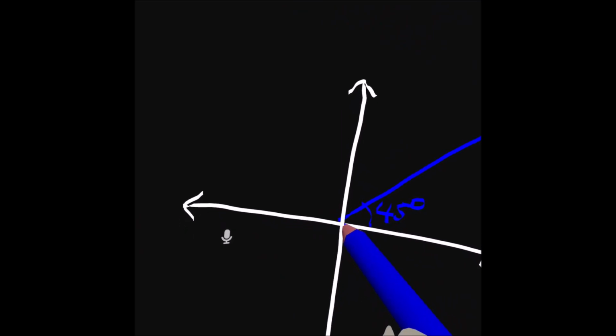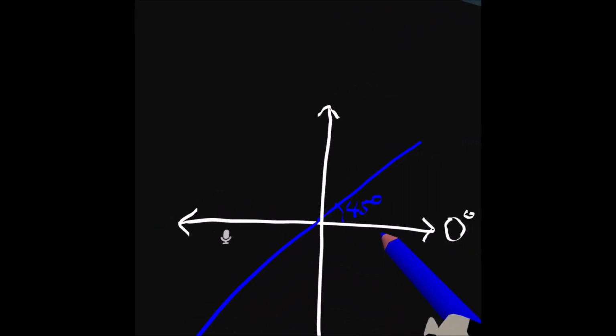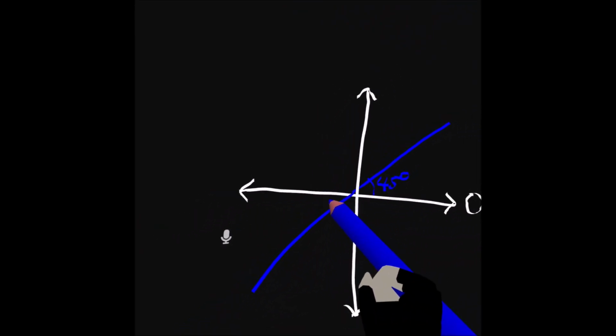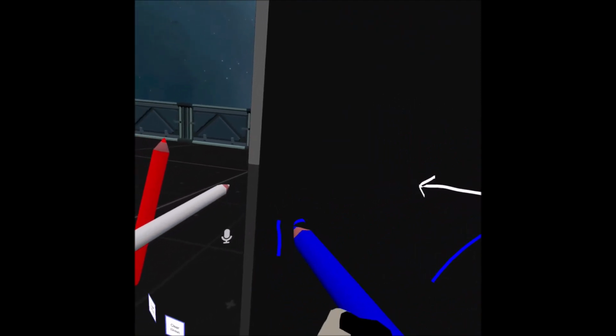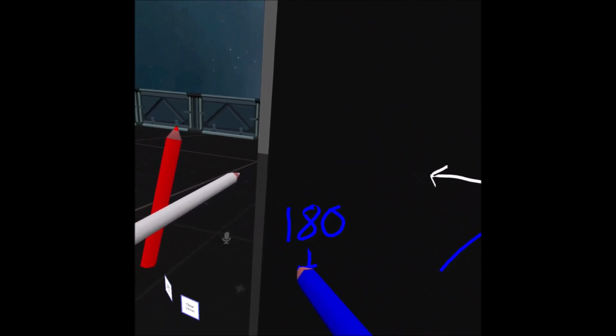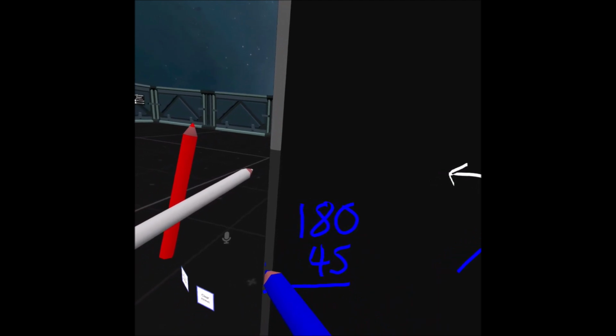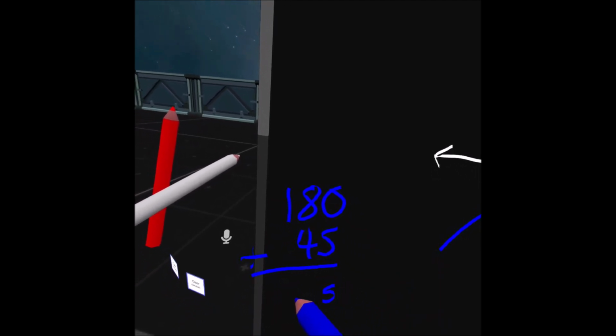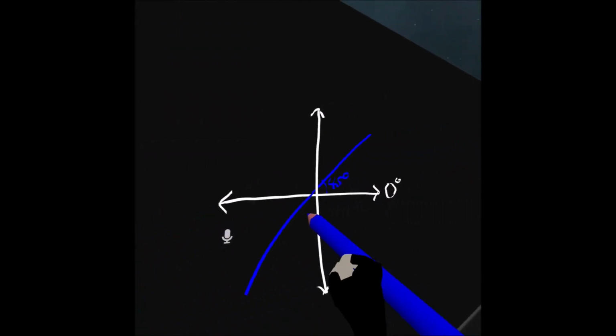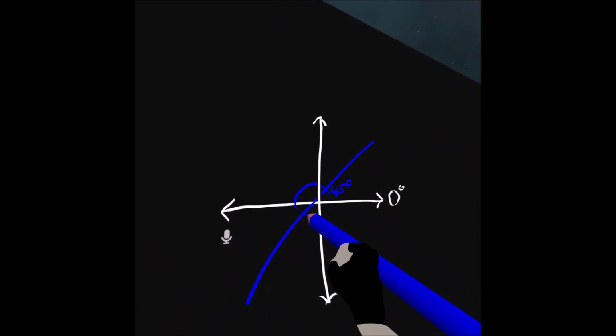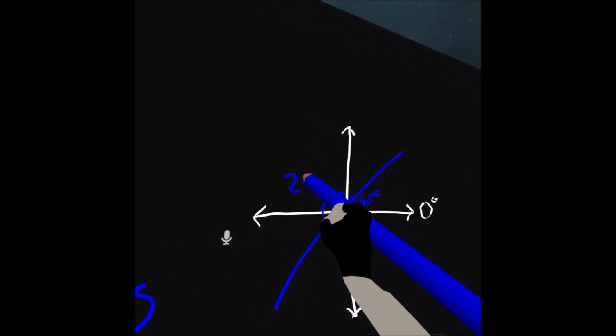If I have my terminal arm here, then this is 180 plus 45, that's 225 degrees. So all the way to here, that's 225 degrees.